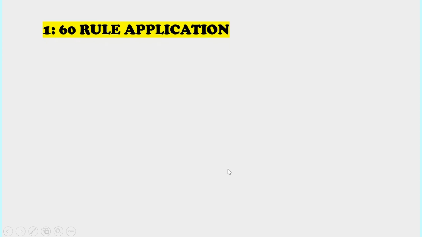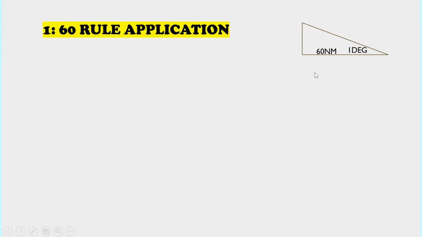If you have a right angle triangle, you are here at the corner where my cursor is. It says that if you are 60 nautical miles away from a particular point, let's say a VOR, and you are 1 degree off course, so you were here, then you ended up there, traveling 60 nautical miles, you are 1 nautical mile off track.